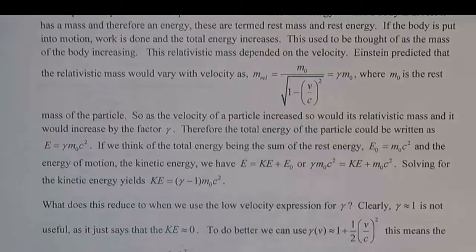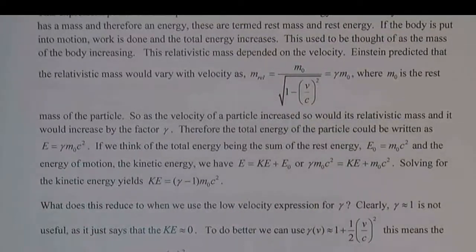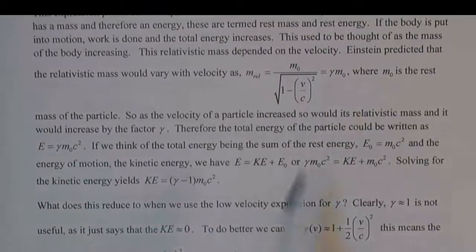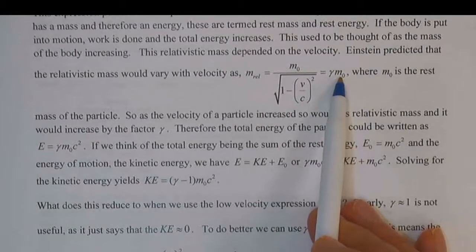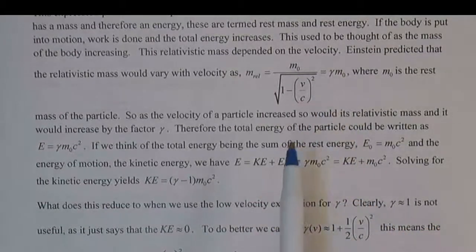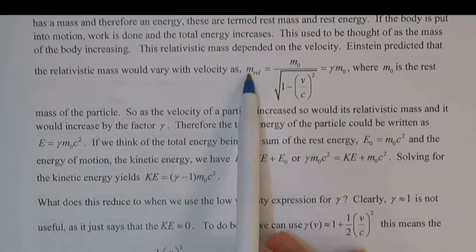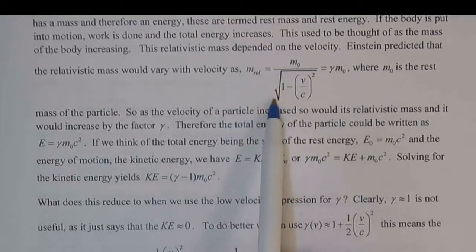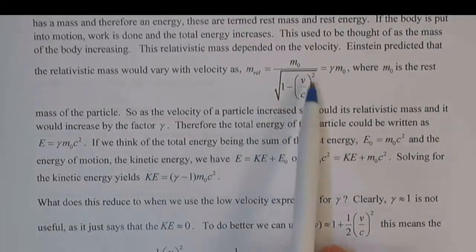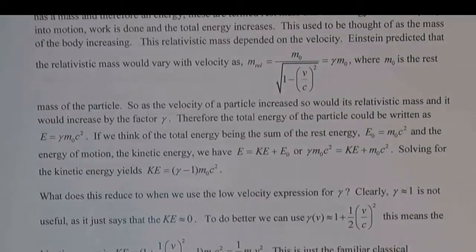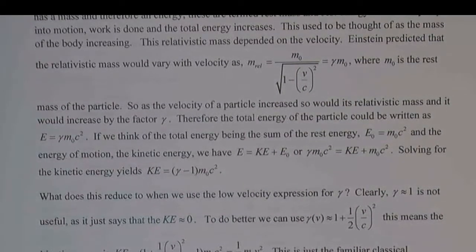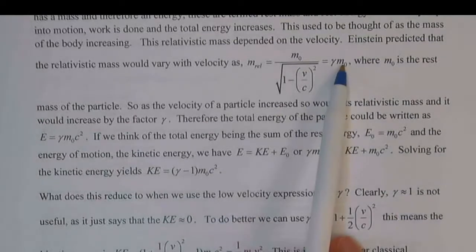If I took a particle and I measured its inertial mass at rest, I would get m0. And if I then put it into motion and were able to measure its relativistic mass, it would be increased by a factor gamma. Now, this type of nomenclature has fallen out of favor, and I'll go into that a little bit more. But let's use m0 as the rest mass.